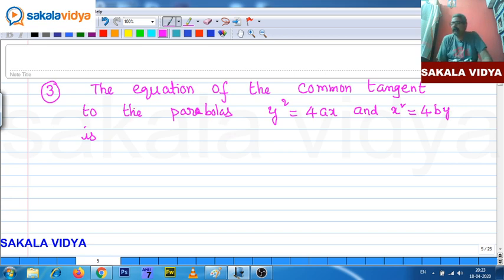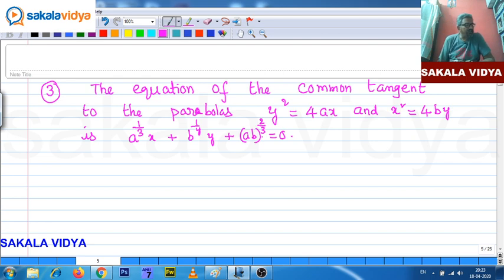So, you need to remember it like this: a to the power of 1 by 3 into x plus b to the power of 1 by 3 y plus ab to the power of 2 by 3 equals to 0. That means, in the examination, in the place of 4a a constant will be given, in the place of 4b a constant will be given, you need to substitute a, b values, that is all.